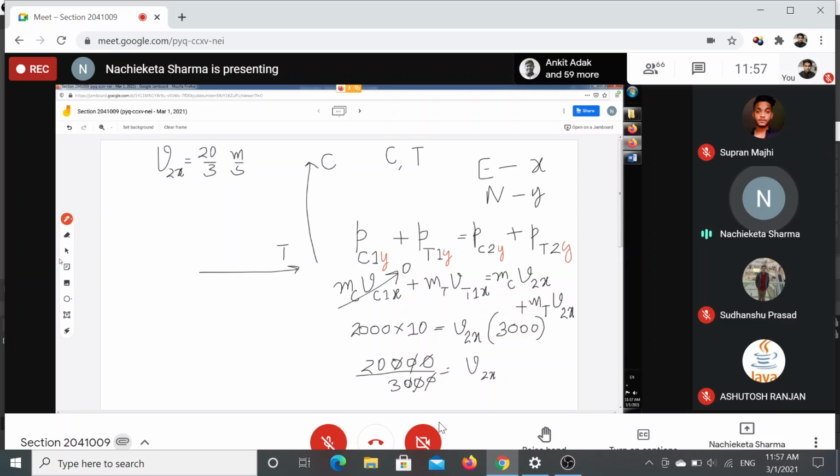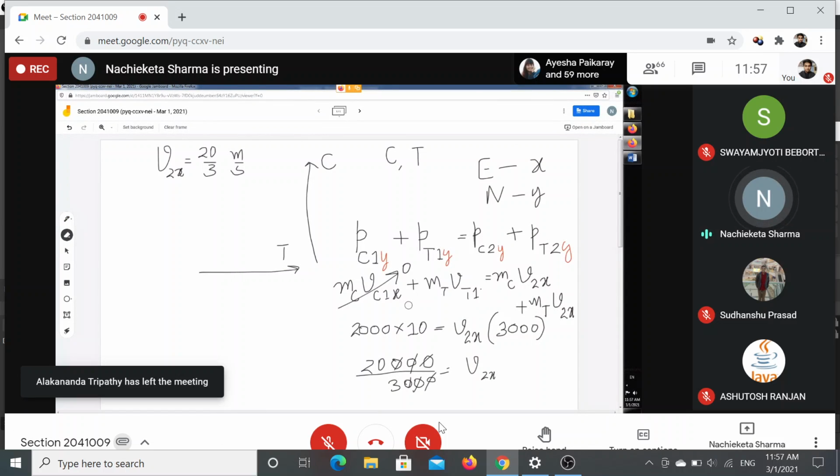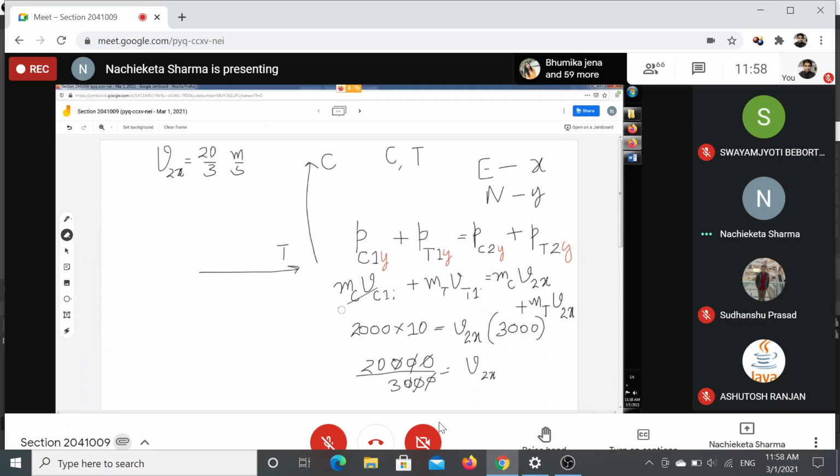Now you see the truck. What will be the truck's y component? It will be 0, because the truck is moving along the x-axis. So this part will be 0. But this is not going to be 0, that you must understand.